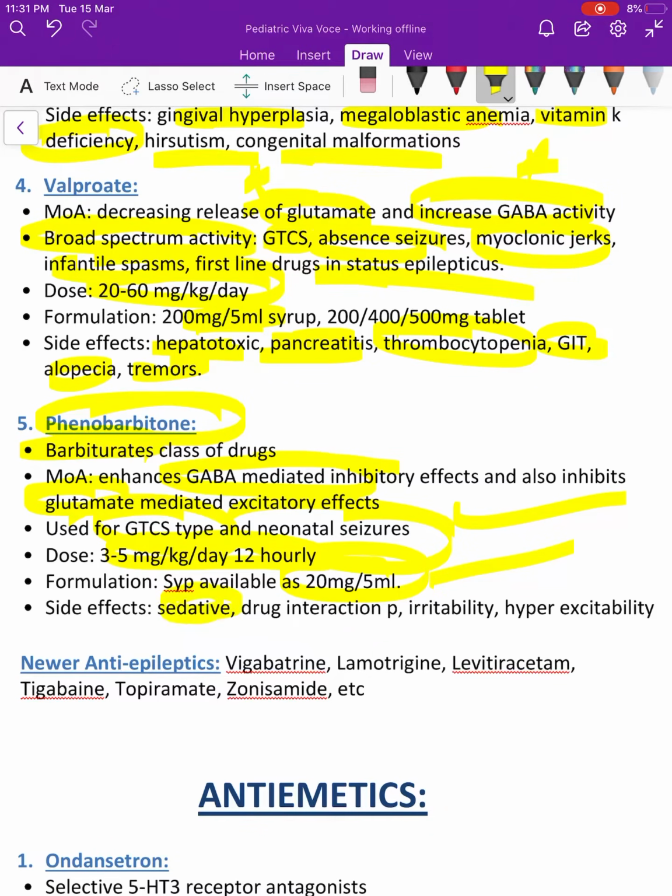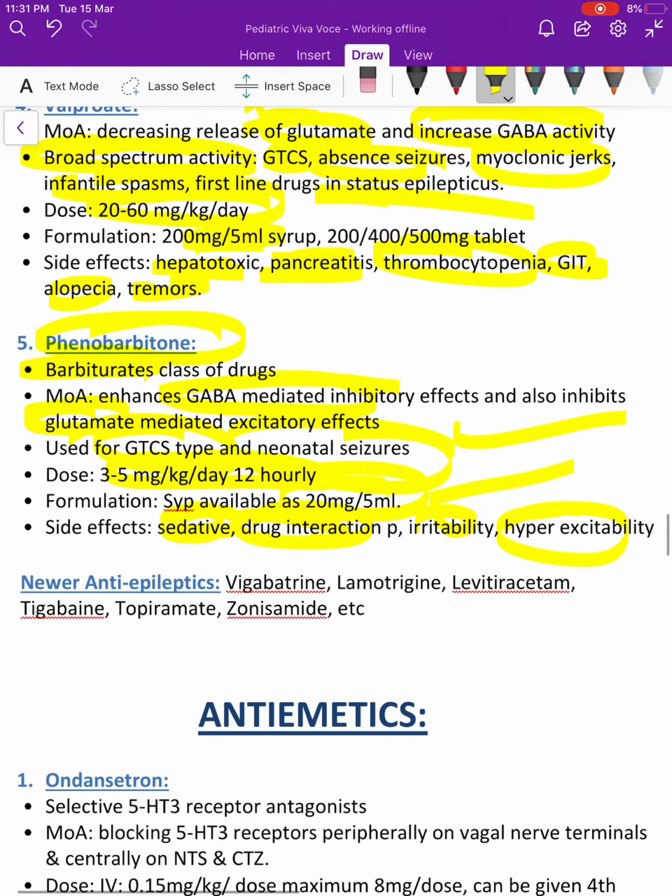It has a good sedative effect. It causes drug interactions with other drugs, irritability, and hyperexcitability as a few of the other side effects. The next question they can ask is to name a few newer anti-epileptic drugs. There can be vigabatrin, lamotrigine, levetiracetam, topiramate, zonisamide, etc.